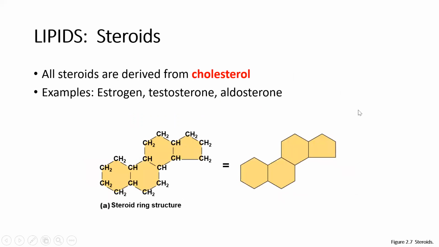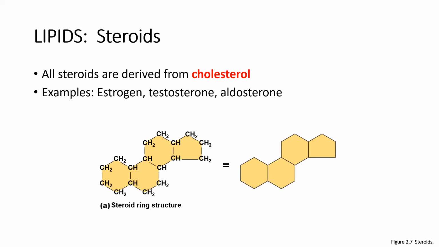And then the final category of lipids are steroids. I'm sure we've all heard of steroids. They have a really important function in our body. They're all derived from cholesterol. And so basically, these are also ring-like structures, as we can see here, these carbon rings. And these form structures like estrogen, which are important hormones, testosterone, aldosterone, thyroid hormone.